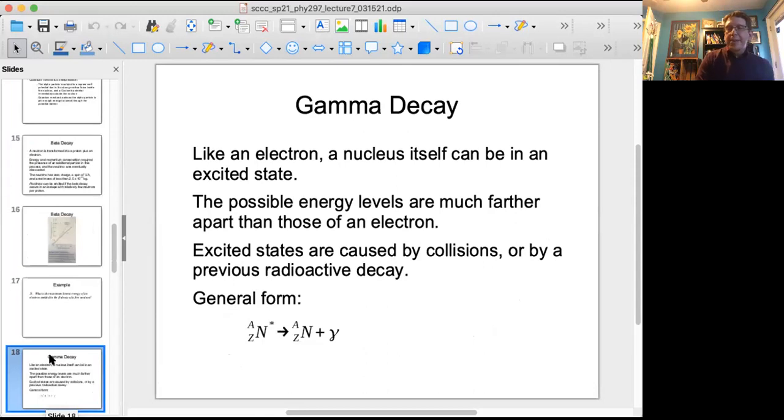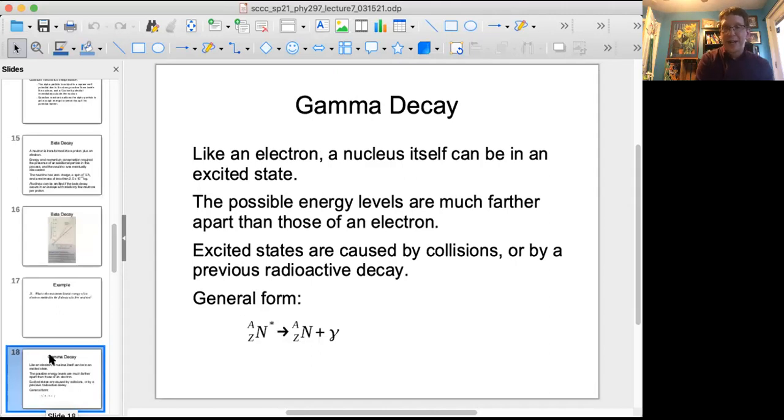Then we go to gamma decay. Like an electron, a nucleus itself can be in an excited state, whether some sort of collision gave it extra energy, or perhaps it absorbed some sort of photon. The possible energy levels are much farther apart than those of an electron, so the photons that get emitted are much more energetic.